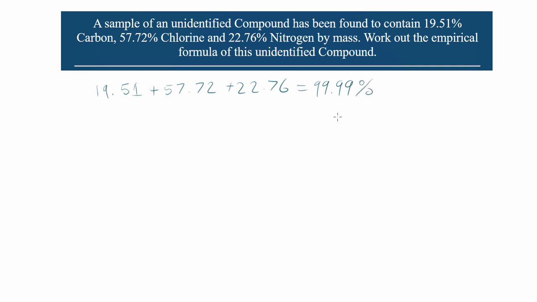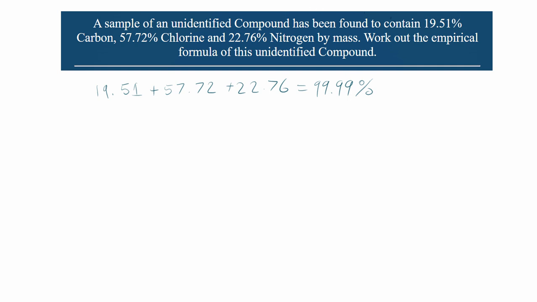And if you do round it to, for example, 1 decimal place or to 0 decimal places, you will get 100%. Now, the implication of it not being exactly 100% is that some of these percentages are figures which have been rounded.